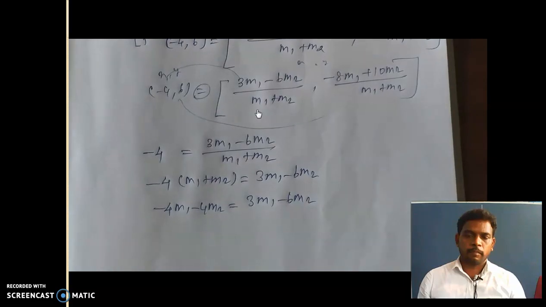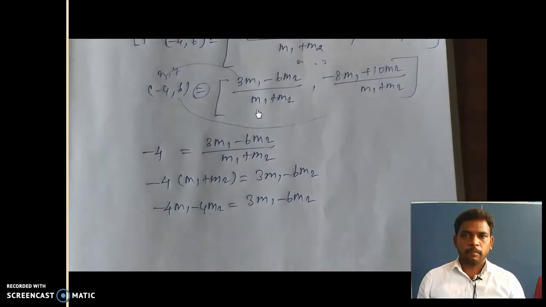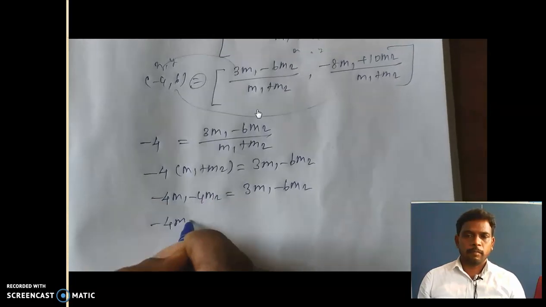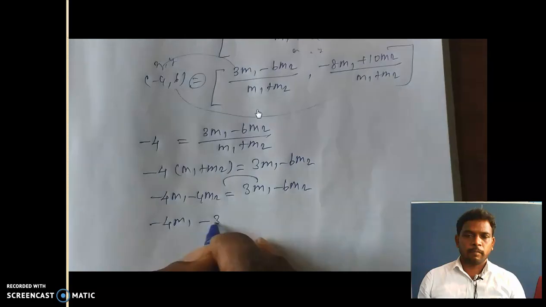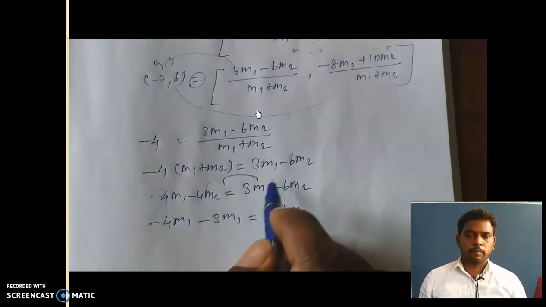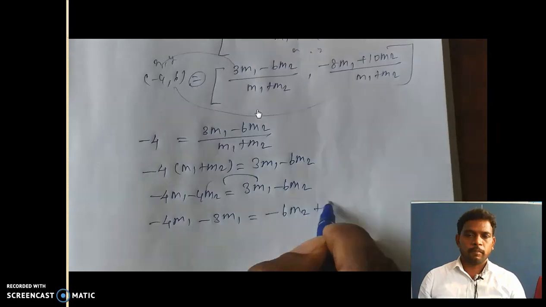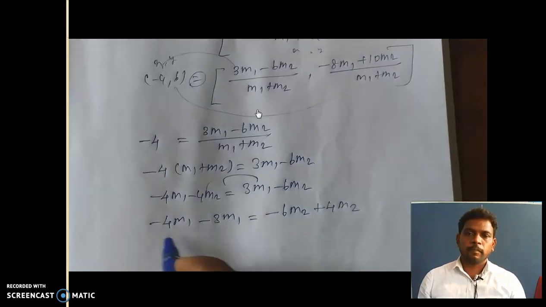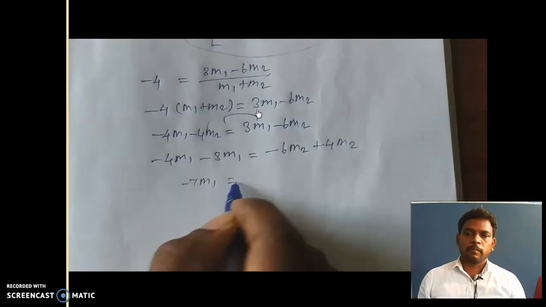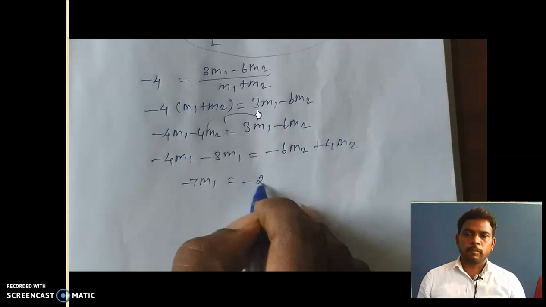And then write m1 terms together on one side and m2 terms on the other side. So -4 m1 becomes -3 m1 on the left hand side (that is, -7 m1), and on the right hand side -6 m2 is already there, and bringing -4 m2 across will become +4 m2. Now adding these like terms, -7 m1 equals -2 m2.